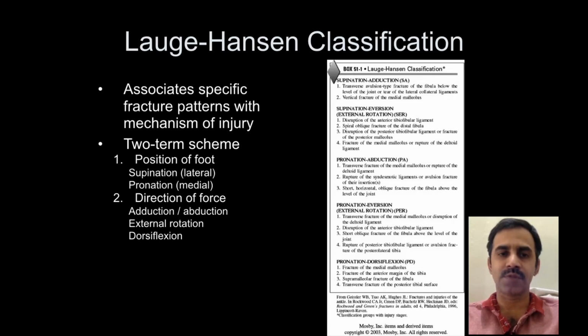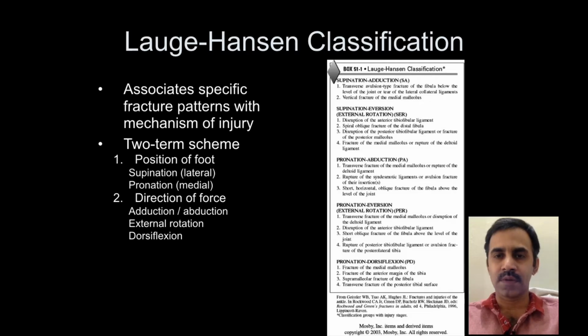The position of the foot and the direction of the force are to be documented. So the position of the foot can be supination or pronation. The direction of the force can be adduction, abduction, external rotation, or dorsiflexion. We can see the Lauge-Hansen classification on the right hand side.